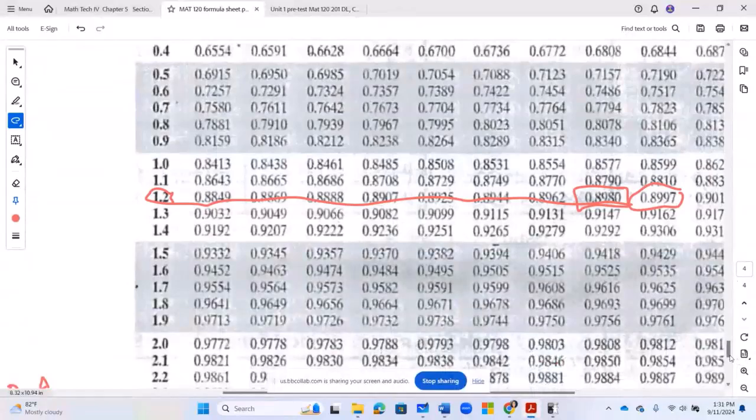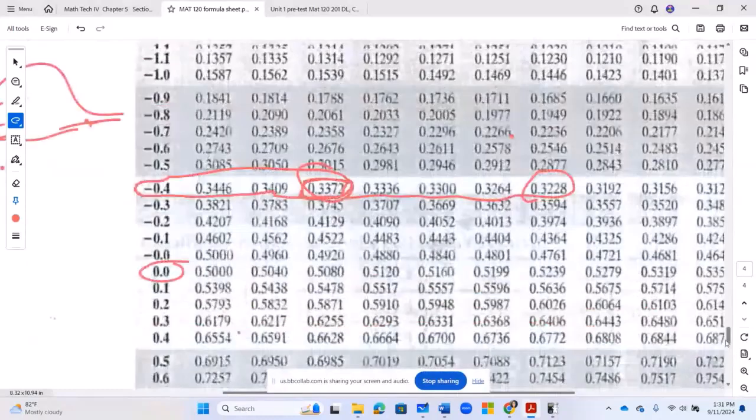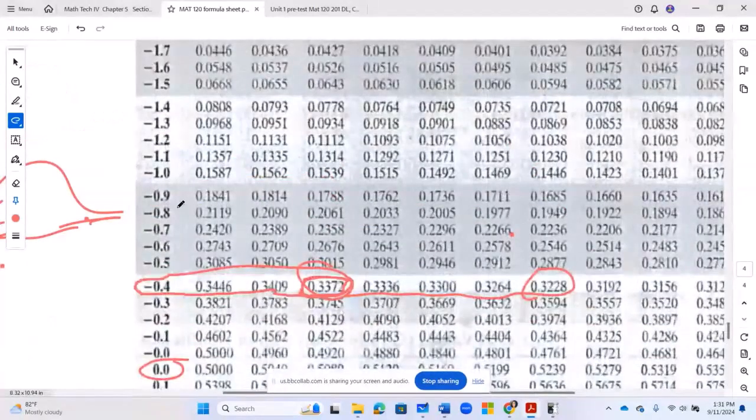We're looking for negative, it has to be negative 0.8, 0.80, 81, 82, 83, 84, 85, 86, 87.